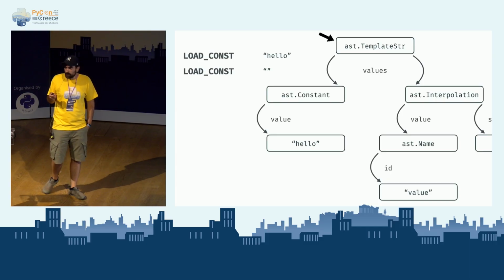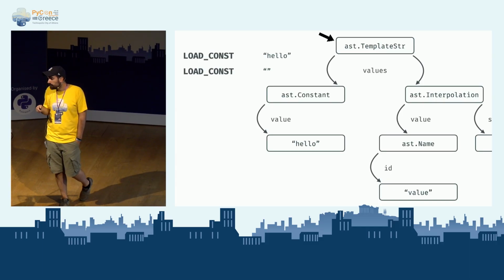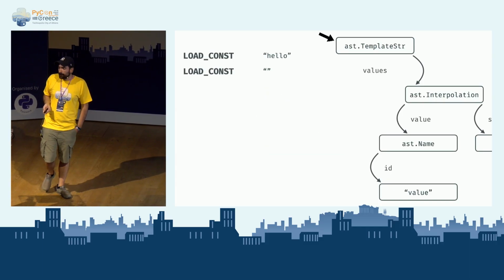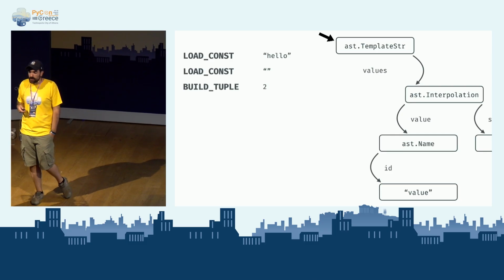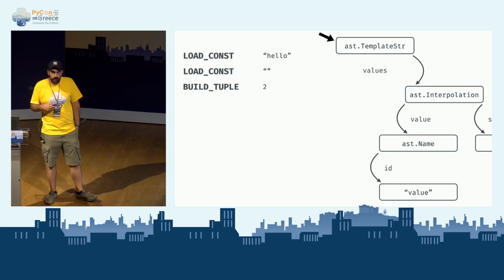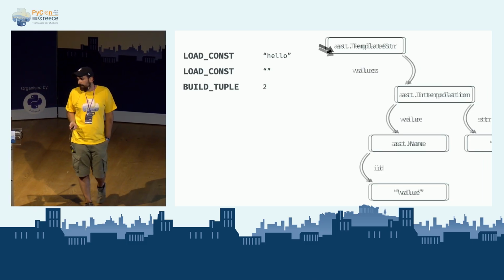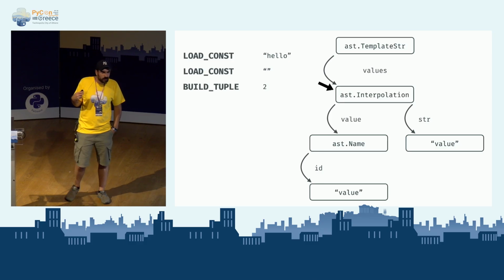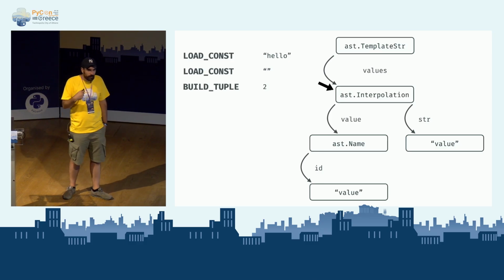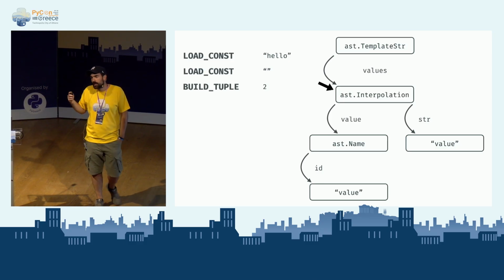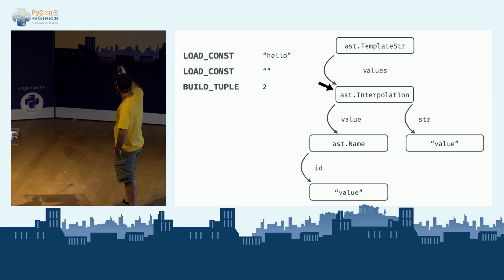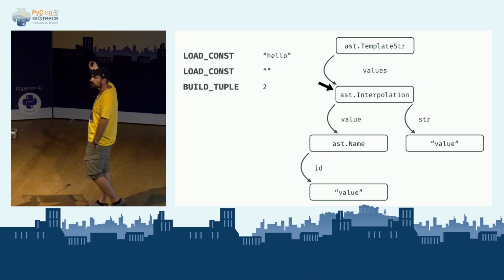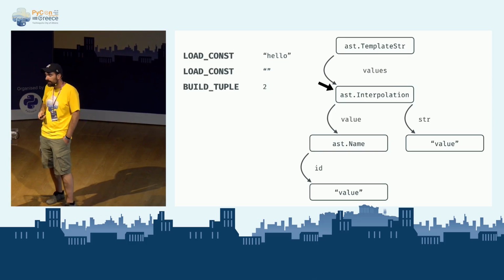Before we go into the interpolation, we actually go back up to the template string. And then it knows that it's all done with a constant. It builds a tuple. This is all basically implementation details of how T-strings are implemented. That's why I'm not going into very much detail into why the load const empty string is there and why the build tuple is there.